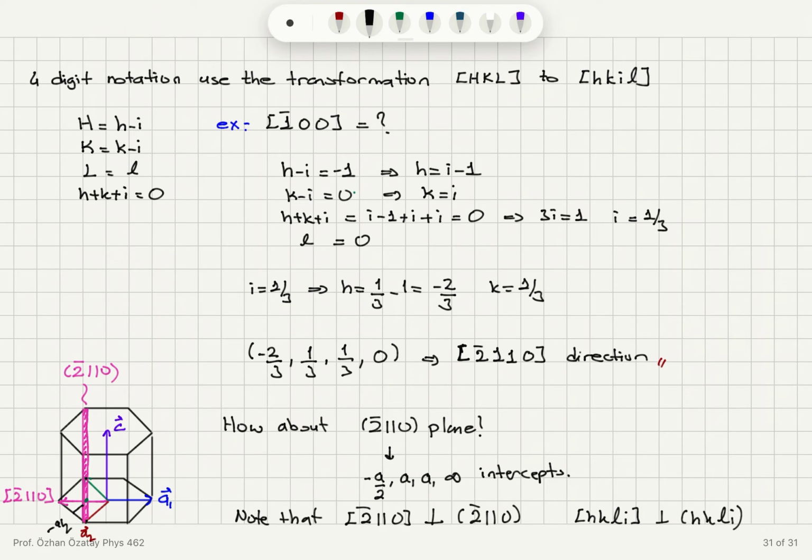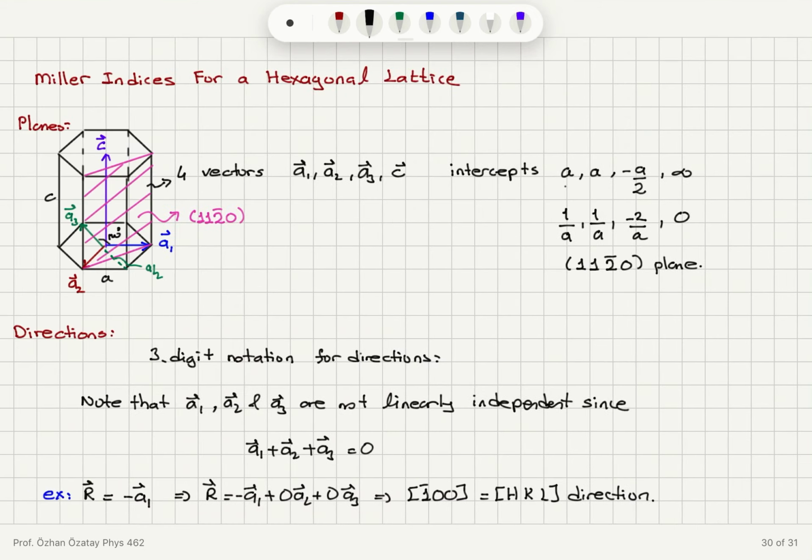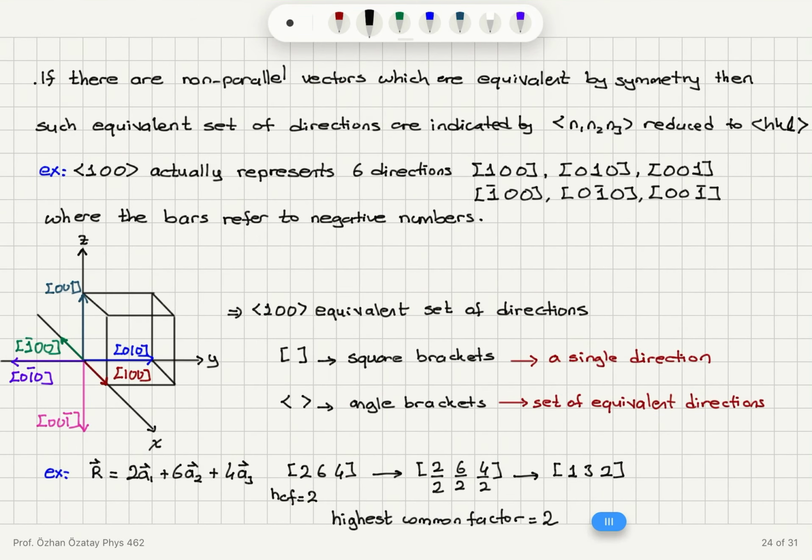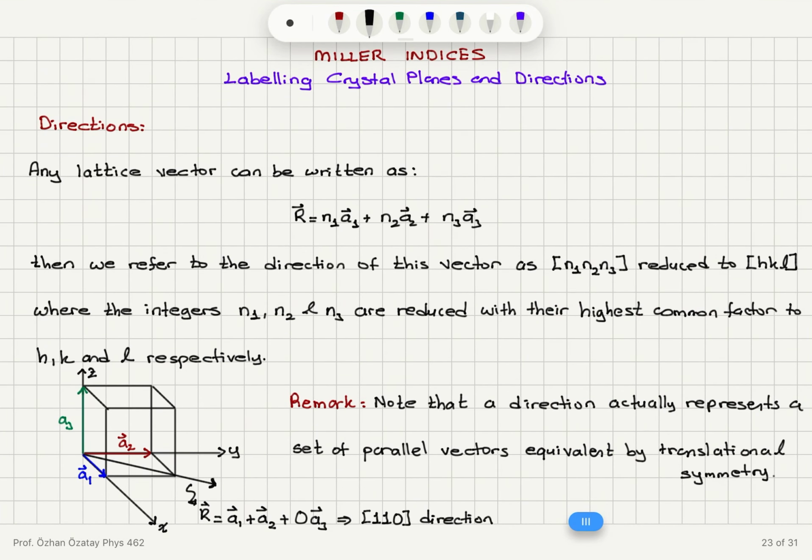So this feature that I had in cubic crystals is also satisfied if I use this set of transformation equations for the 3-digit to 4-digit representation. Okay, so we have talked about how to label planes and directions using Miller indices.